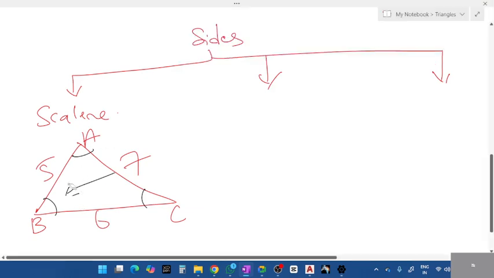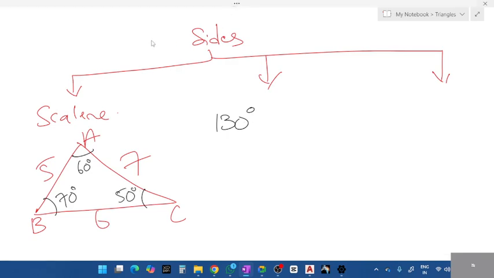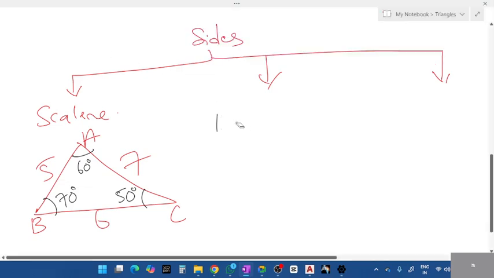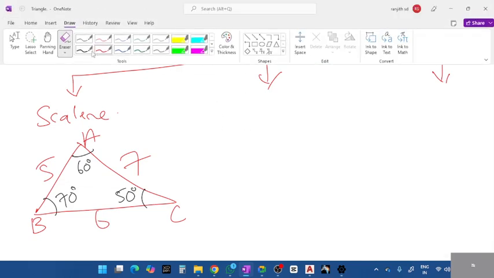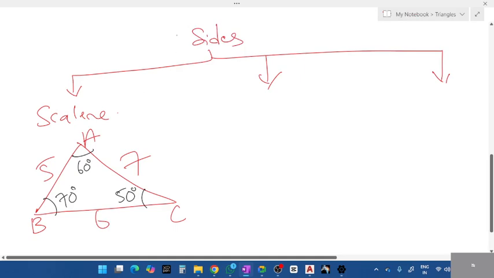Angle B, then angle A, and angle C. So the concept here is, when all three sides are different, their angles also will be different. For example, B would be 70 degrees, then 60 degrees. What is 70 plus 60? 130. 180 minus 130, you'll get 50 degrees. The angles are different, right? This is the property of a scalene triangle.